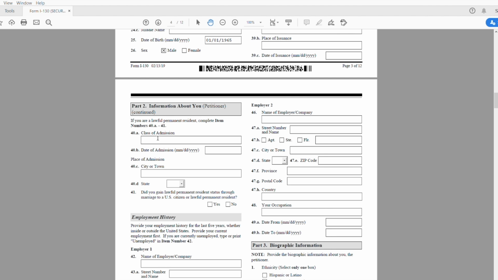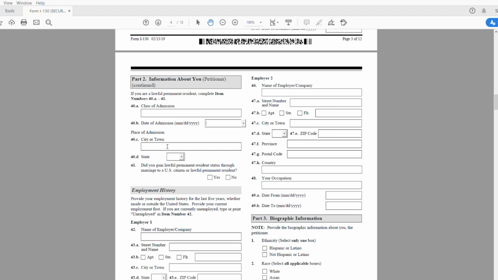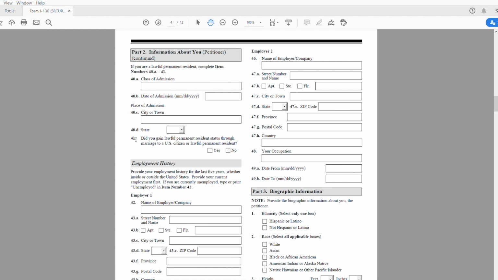In 40A, you would indicate your class of admission, which would be indicated on the front of your green card, date of admission, which would be indicated on the green card as well, place of admission, so where did you first enter the U.S. as a green card holder, and the state. 41. Did you gain lawful permanent resident status through marriage to a U.S. citizen or a lawful permanent resident? You would indicate yes or no.